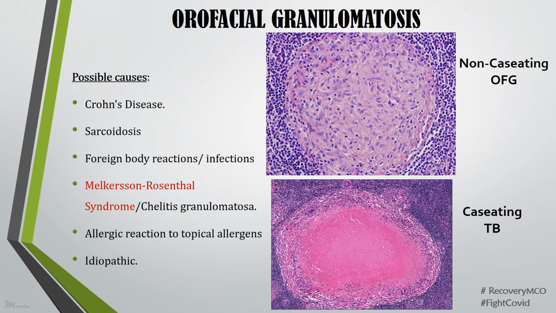However, the tubercular granuloma here shows a cheese-like central area of necrosis, which is further surrounded by epithelioid cells and giant cells, which is further surrounded by lymphoid aggregates in the periphery. So this point should be remembered so as to differentiate these non-caseating granulomas from the tubercular granuloma.